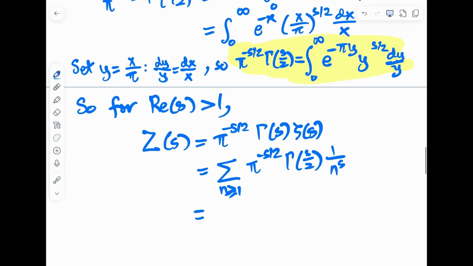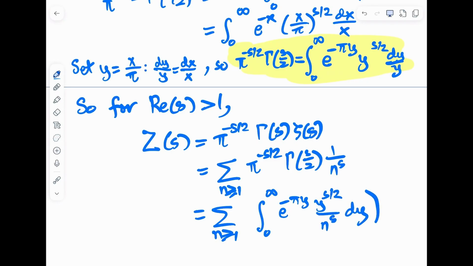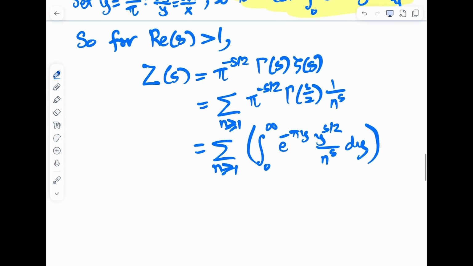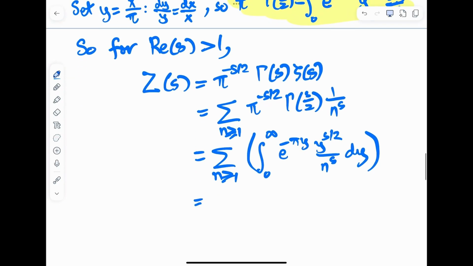I can treat the term pi to the minus s over 2 gamma of s over 2 as that integral, and I can move the 1 over n to the s on the inside. So I'm summing all these integrals, and I'd like to make the exponents match. So I need to write y over n squared.